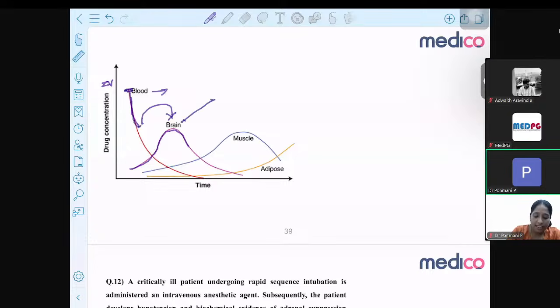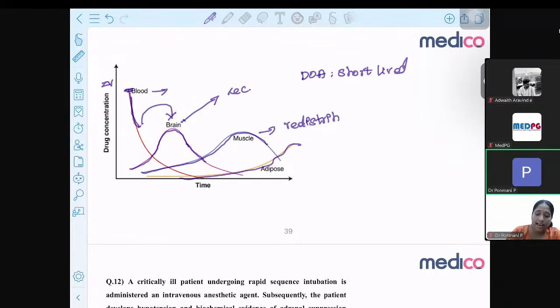And when it reaches the brain, the patient is anesthetized in seconds. But what did we see? That the duration of action is also short-lived. Why? Because as the brain concentration is reducing, the drug is getting redistributed to other tissues. So redistribution is happening.